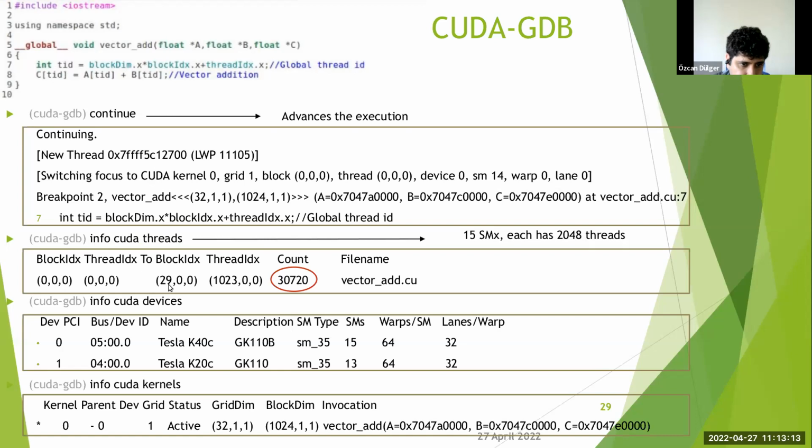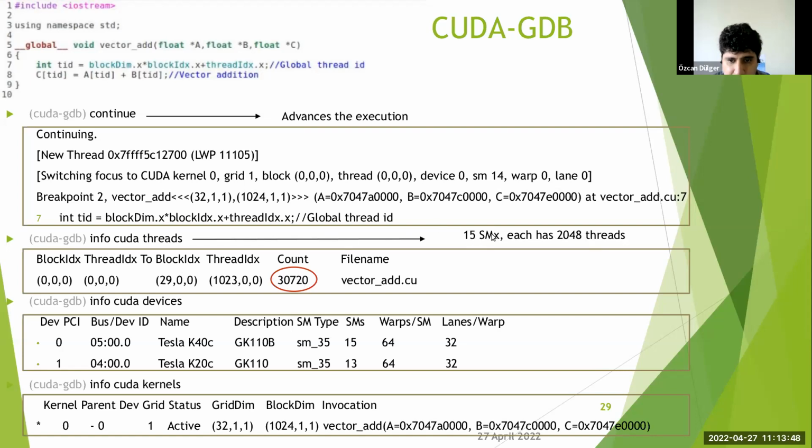We have 30 blocks, so the ID starts from 0 up to 29, and we have 1024 threads in each block, so the thread IDs start from 0 up to 1023. The total number of threads is 30,720. How can we obtain this number?